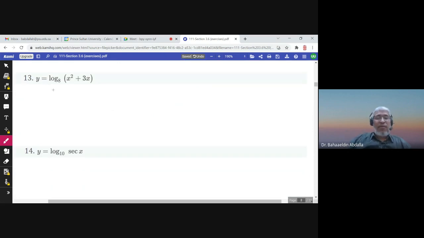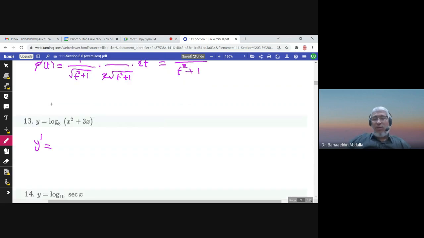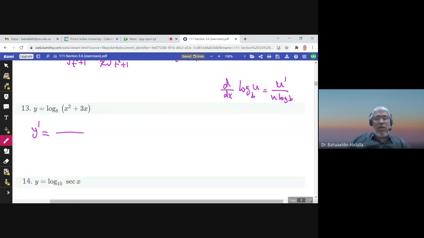I have a composition here, y prime would be. Let me remind you with the rule, d by dx of log u to the base b is 1 over u times ln b times u prime. So I'll have x squared plus 3x times ln 8.